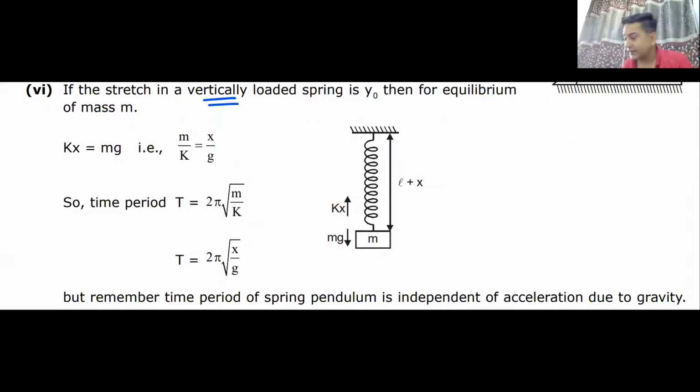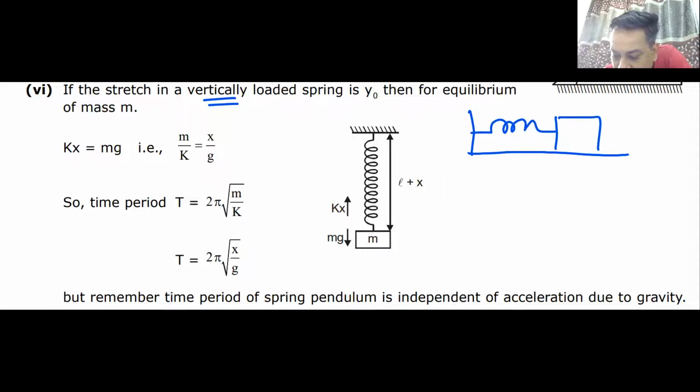Let's move ahead and write the equilibrium position in the other two cases as well. The first case is when a block is kept on a horizontal surface. In this case, the equilibrium position happens when the value of x naught, or extension, is 0.